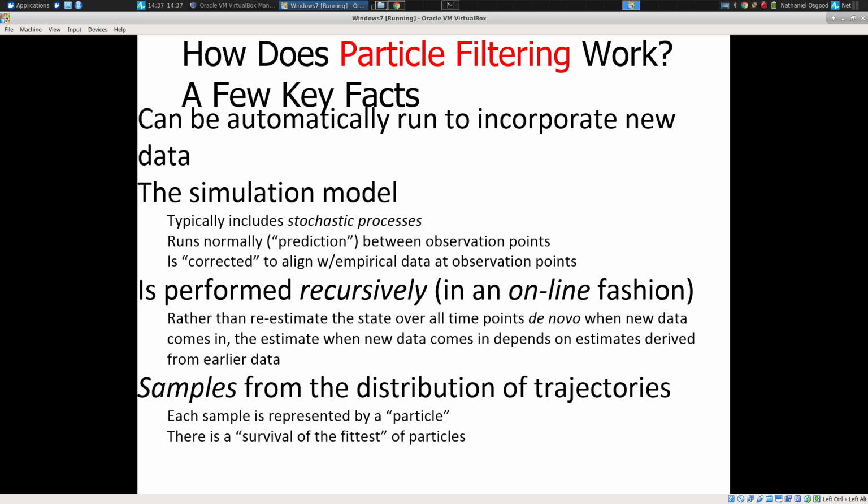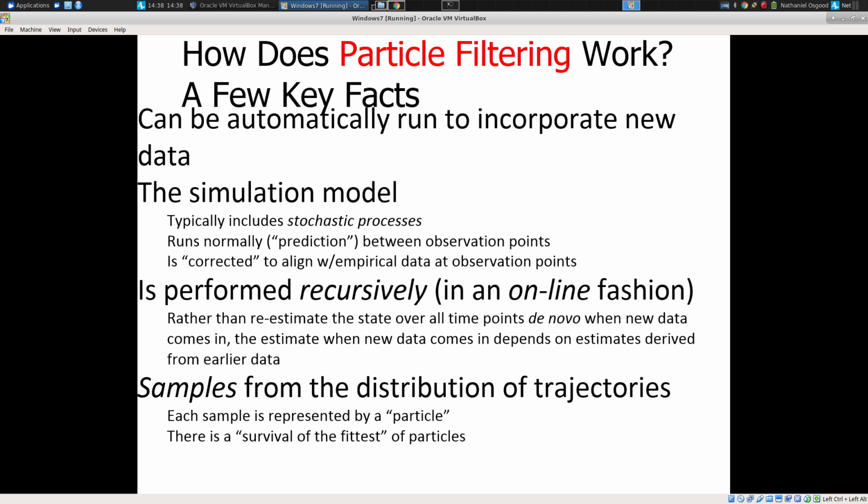Hypotheses as captured by what's called a particle. Each particle represents a possibility, a possible hypothesis. And particles have weights according to how plausible they look by comparison with the data. Now, this whole process is performed recursively.